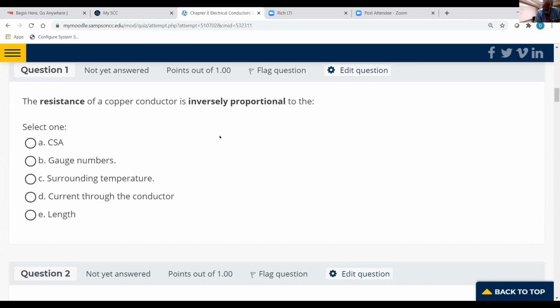Actually, no, because with the gauge numbers, as the wire gets bigger, the numbers get smaller. If you look on the wire chart, if you go from a number 14 wire to a number 12 wire, the resistance goes down, right?